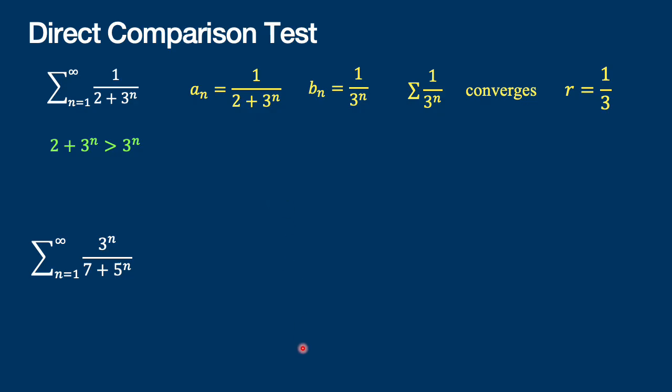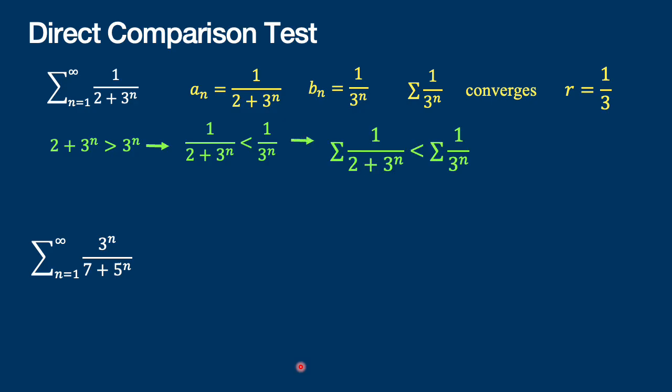Let's take the reciprocal. That means 1 over 2 plus 3^n is less than 1 over 3^n, which means the infinite series of each: this one converges, and this one also converges. So the direct comparison test says our series is going to converge.